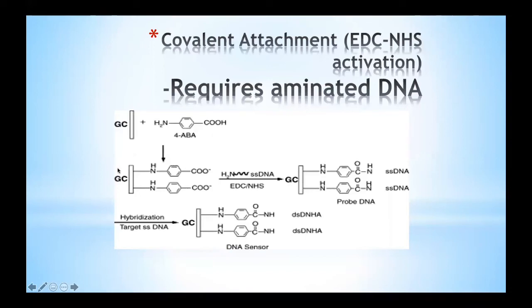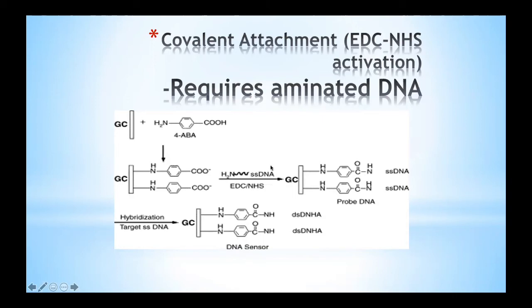As you can see here, we have a carbon surface, and that carbon surface is modified with certain chemicals, which results in the carboxyl group at the end of the electrode.